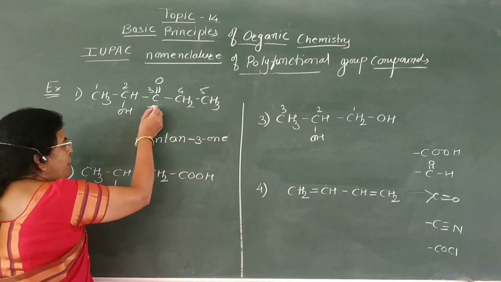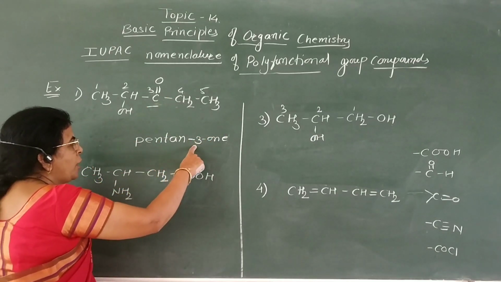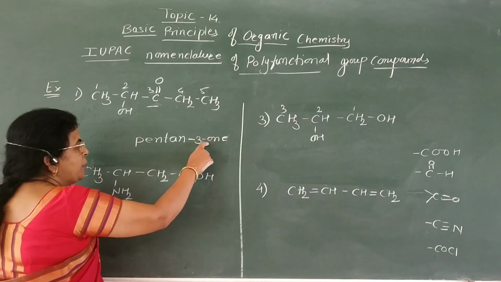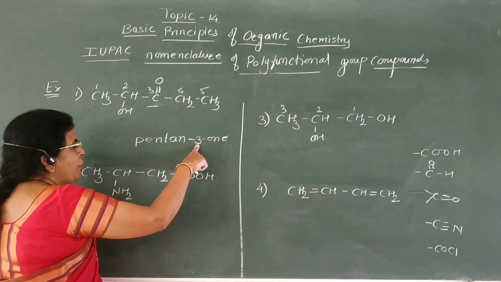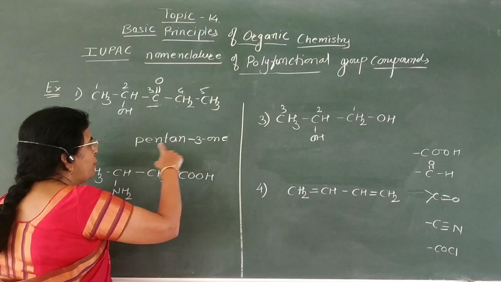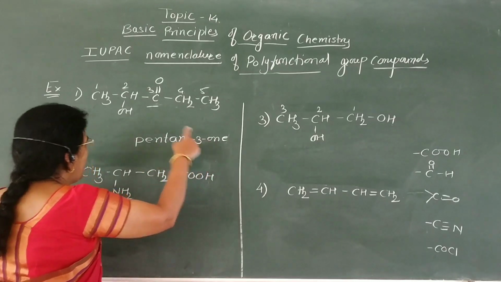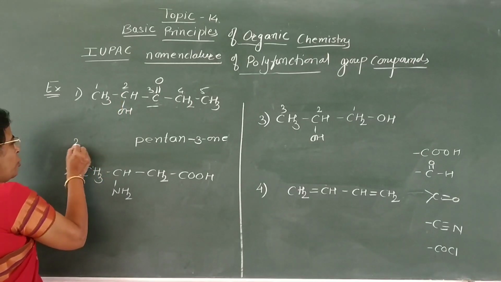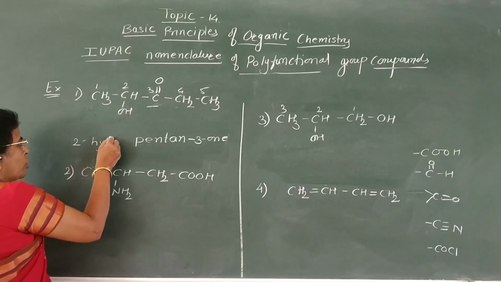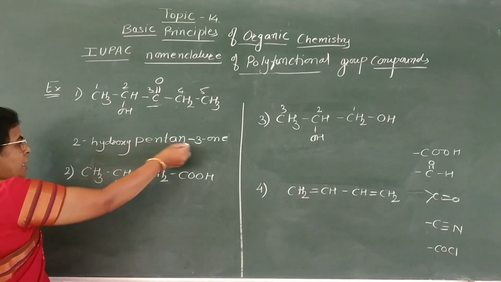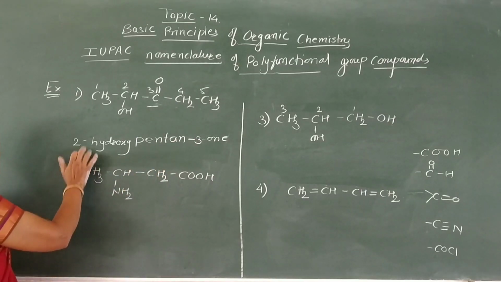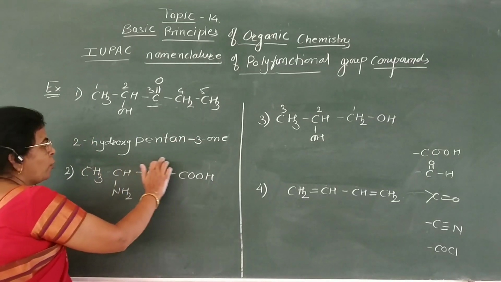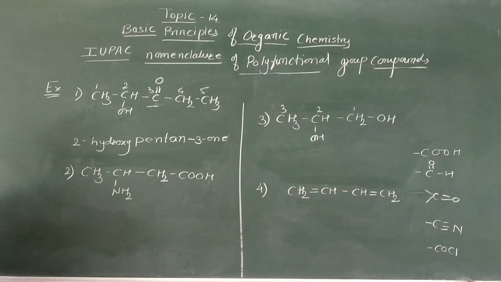Because the principal functional group is ketonic group, therefore E from alkane is replaced by one. The position of ketonic functional group is 3, therefore it becomes pentan-3-one, and this hydroxy group is taken as substituent at 2 position. It becomes 2-hydroxypentan-3-one. That is IUPAC name of this compound is 2-hydroxypentan-3-one.